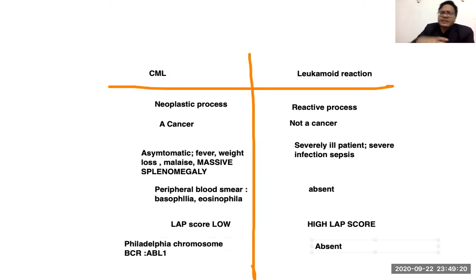And obviously in CML the process would be quite progressive, with a high WBC count, while the leukemoid reaction would be transient and abrupt. If it is treated promptly, it would come back to the normal range. Suppose a patient has severe sepsis but is promptly treated and proper antibiotics are given, the count would come back to the normal range. That would not happen in cases of CML immediately by treating with antibiotics.